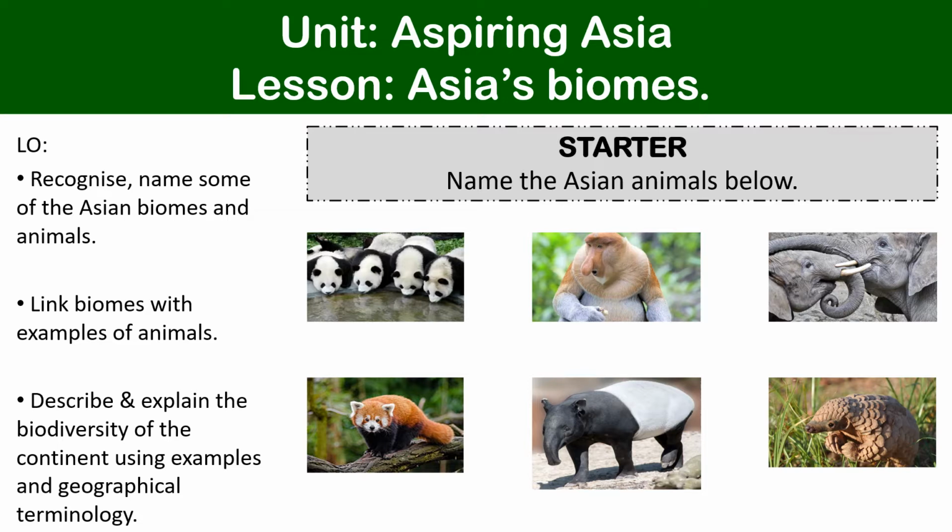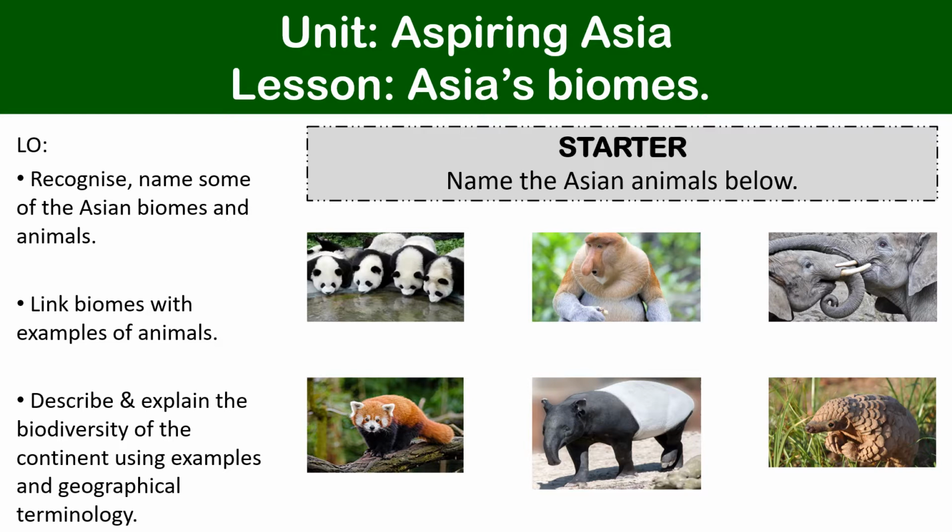I want you to look at these images and name some of these Asian animals that you see. Some might look a little bit more familiar than others. But remembering from our last lesson, Asia is the largest continent in the world. It is a continent of incredible biodiversity.